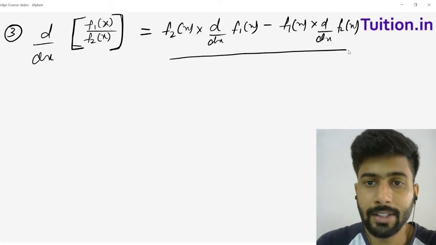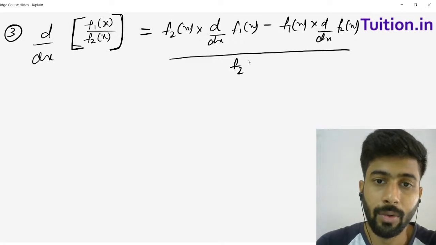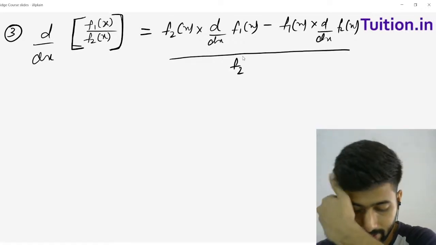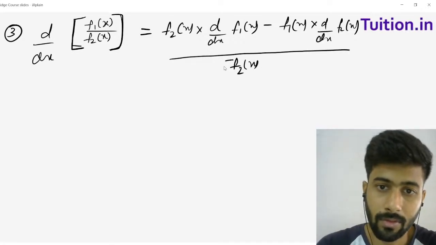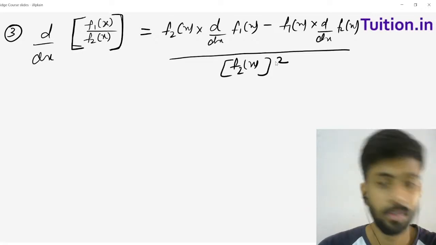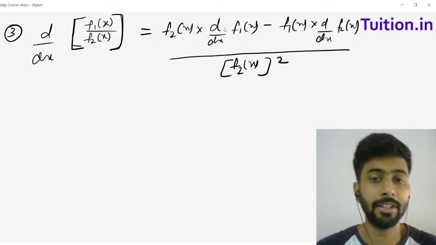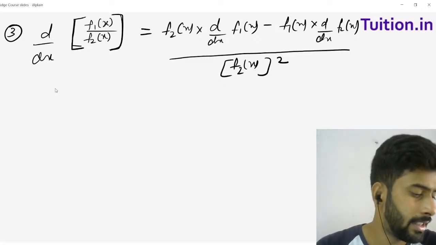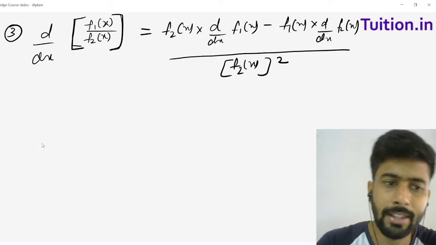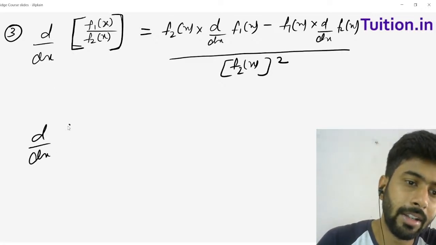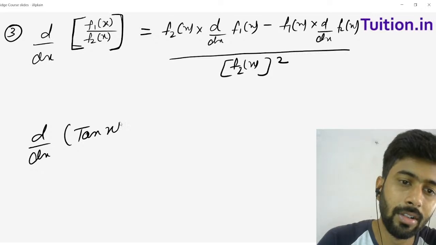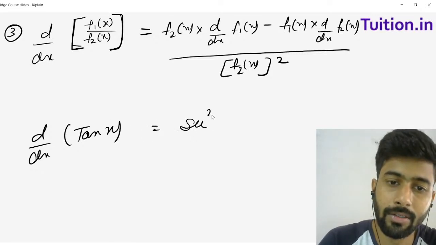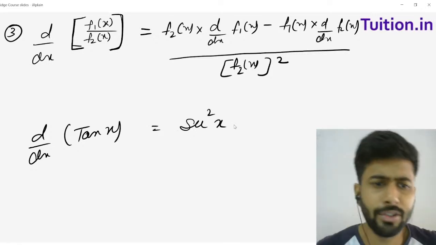And then you divide this with the square of f2x. Right? So let's see. I gave you this formula in the list, right? D by dx of tan x is equal to secant square x.